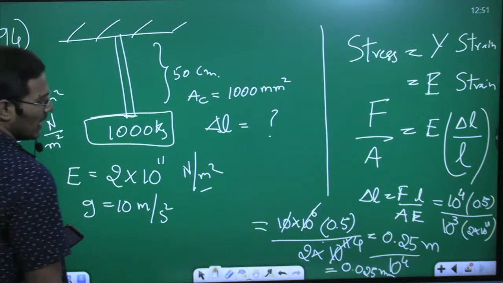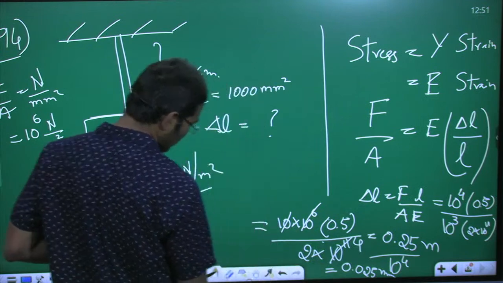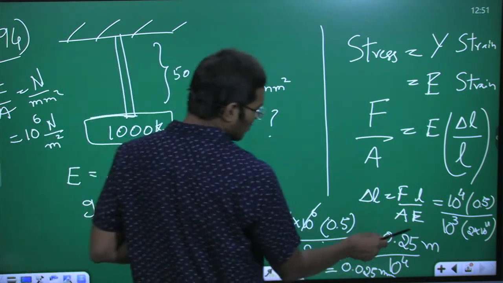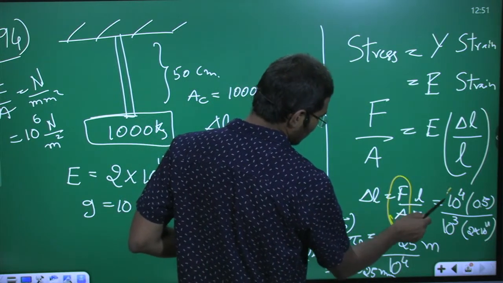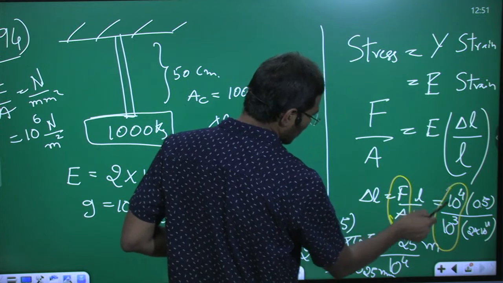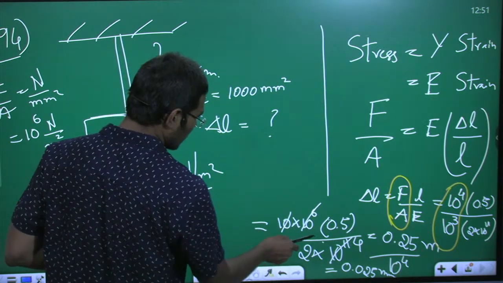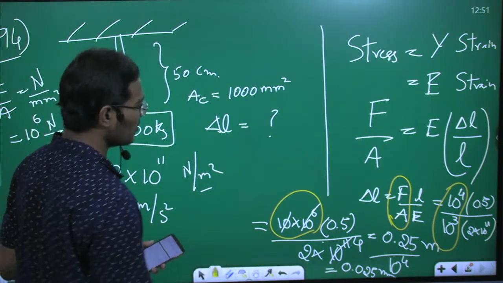So I am trying to convert this F by A. See, you are left with 10 here.